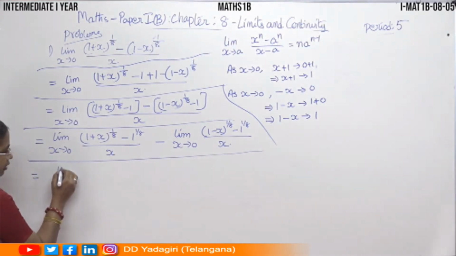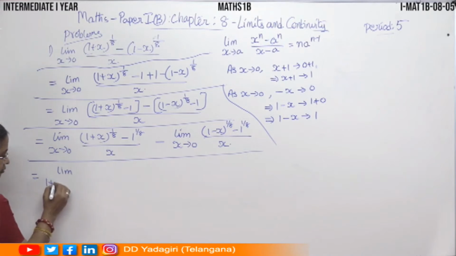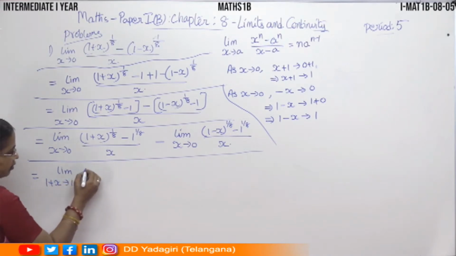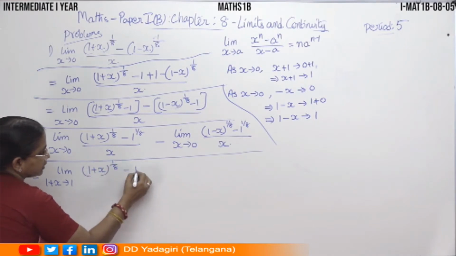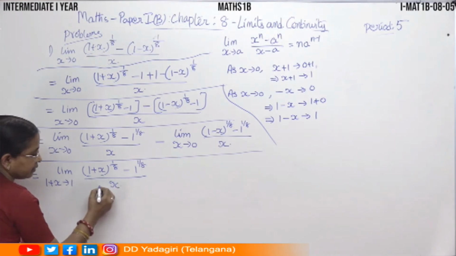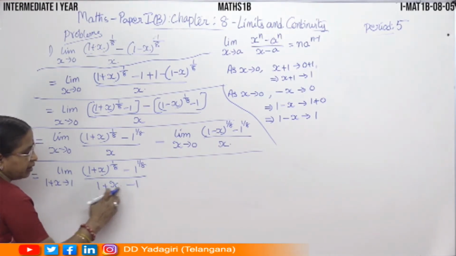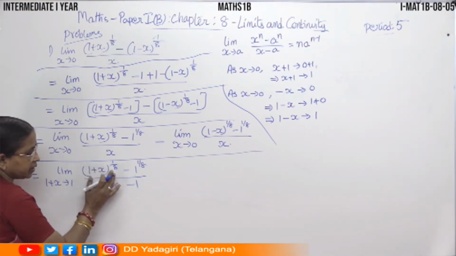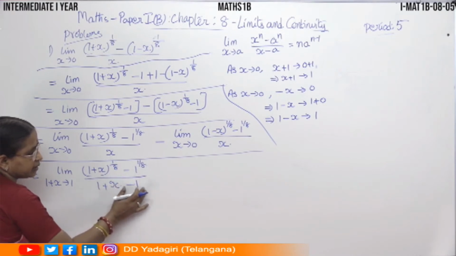So it's equal to limit. Now here we'll change because we have 1 plus x. So 1 plus x tends to 1 of (1 plus x) whole to the power 1 by 8 minus 1 power 1 by 8 by x. For this x we will add 1 and subtract 1, so that it is in the form x power n minus a power n by x minus a.